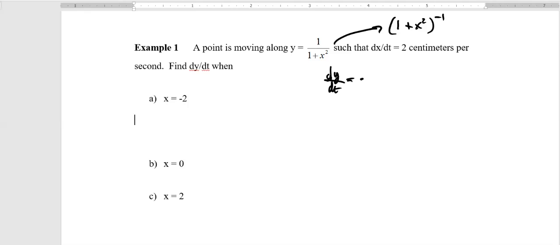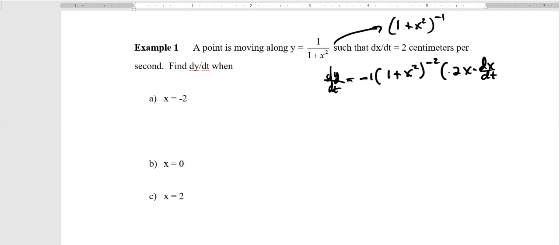Now my derivative: I have -1 times (1 plus x squared) to the -2 times the derivative of the inside, because this is the chain rule. We have a function raised to a power here. So I'll end up with the derivative, which is 0 plus 2x times dx/dt.